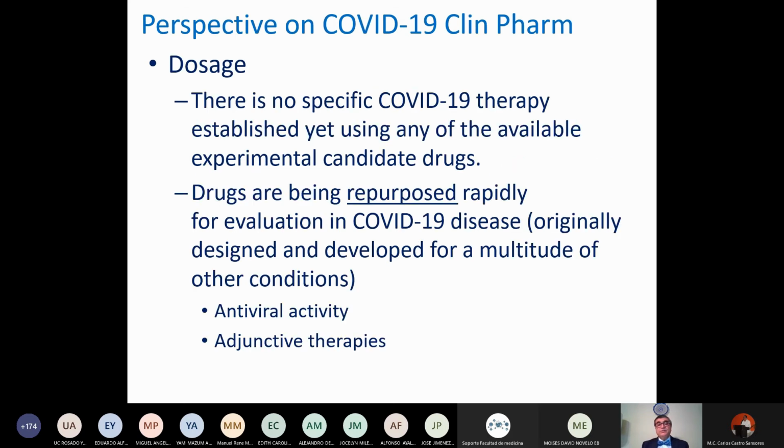Well, keep in mind, we are using repurposed drugs. None of these drugs, including anti-inflammatory ones, are designed or approved by the FDA to be anti-COVID selective, specific medication.